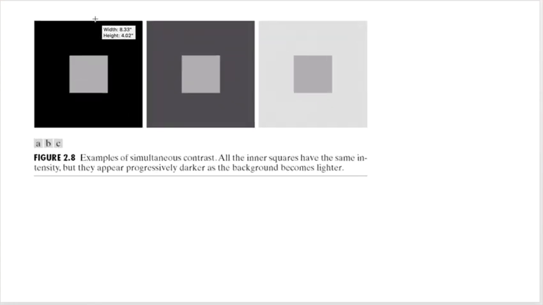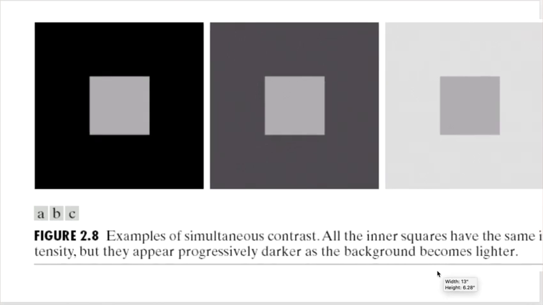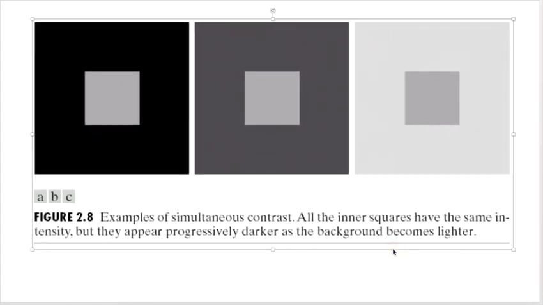This is another kind of important one to understand. Let me make this really big. Notice the center gray squares. What can you tell me about them? They look the same, or different?